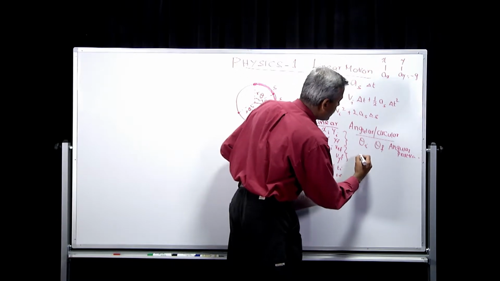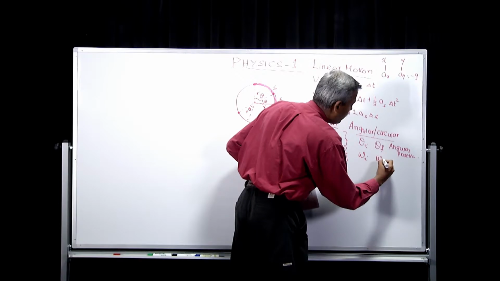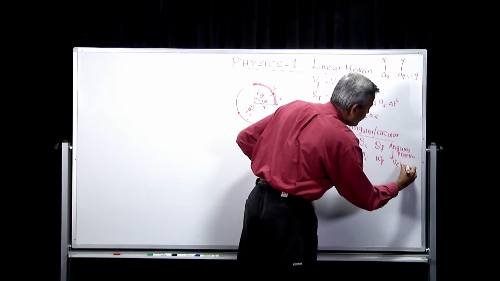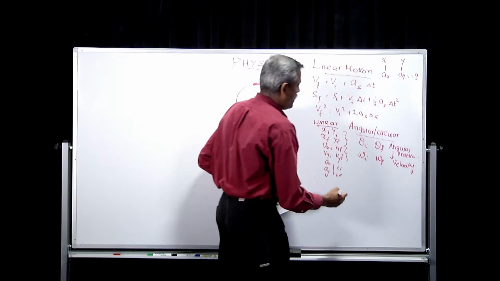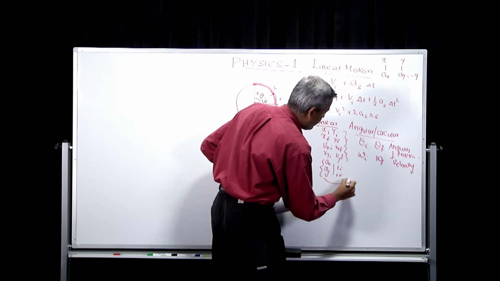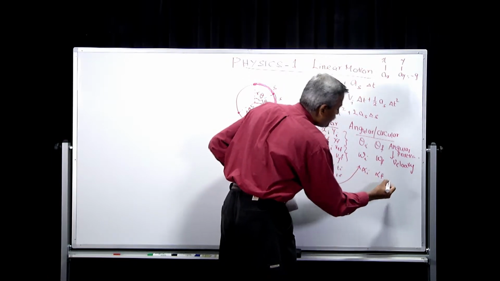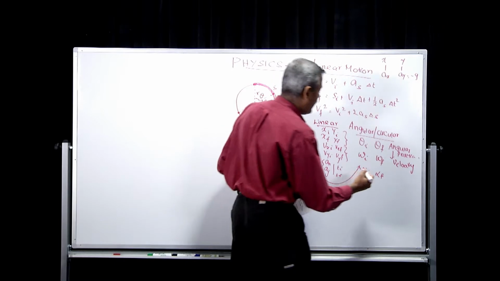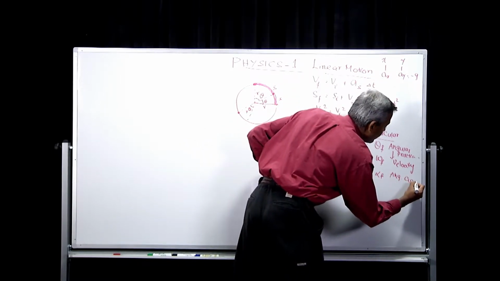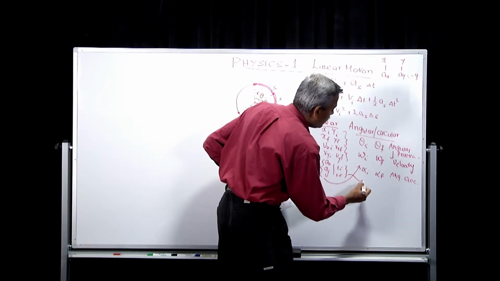Instead of linear velocity, I say this is angular velocity, omega I, omega final. So, that means angular velocity. Acceleration, I say the acceleration, alpha I, alpha final. So, I put a linear acceleration, here it is angular acceleration. This is a time, we use a period.